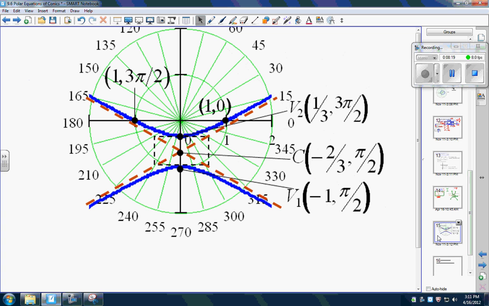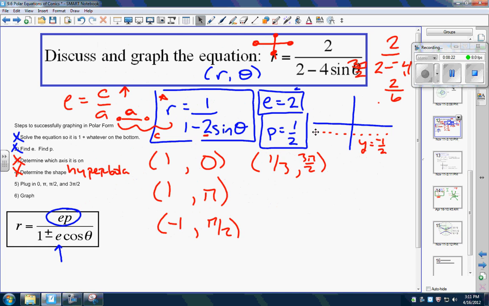So what I'd like you to be able to do tonight is be able to go through these 6 steps, okay, and get the points. That's all something you guys should be able to do. Decide on the shape, and then we will work on how we graph these. Bring your questions tomorrow.